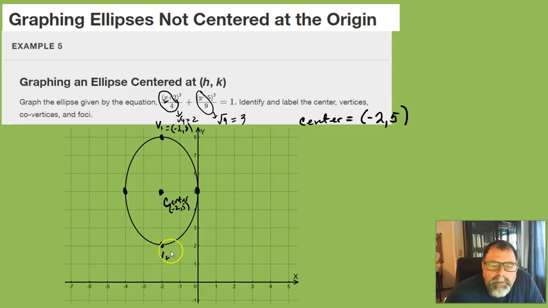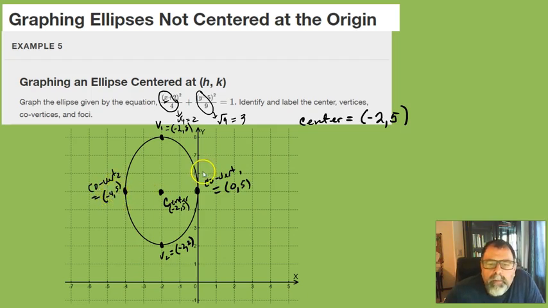And vertex 2 is negative 2, 2. And then the co-vertex is 0, 5. And co-vertex 2 is negative 4, 5.